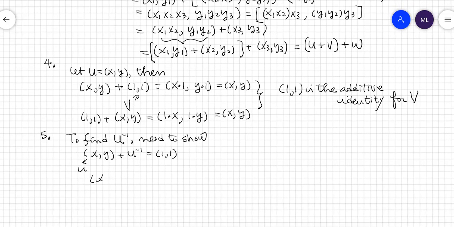So (x, y) plus, now (1/x, 1/y), is (x times 1/x, y times 1/y), which is (1, 1).